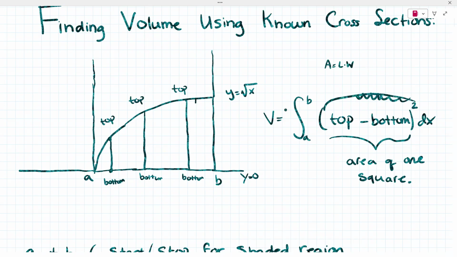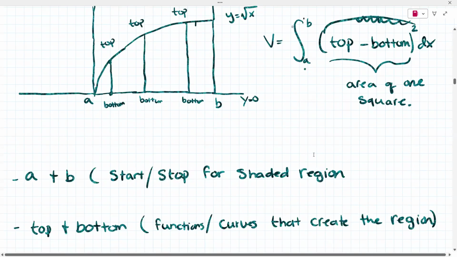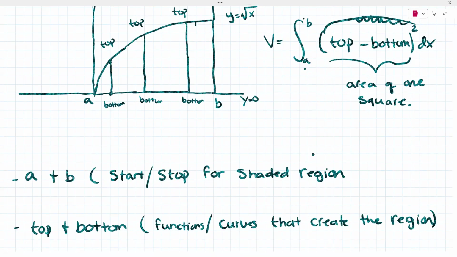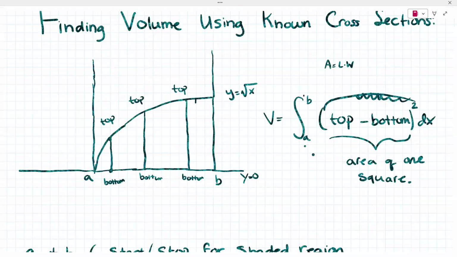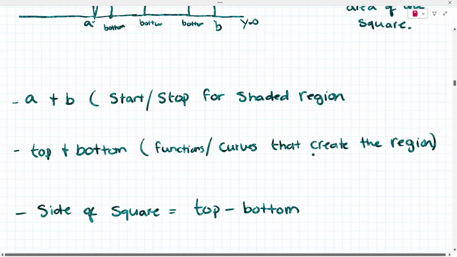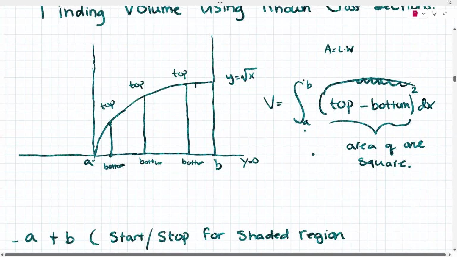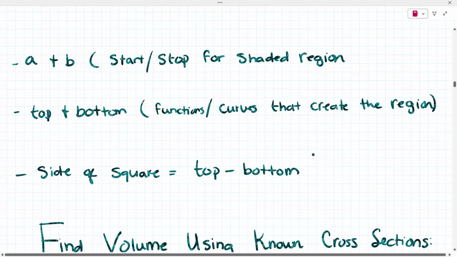But we have to find it from here to here. So A and B start with the start and stop of the shaded region. A is the starting point and B is the ending point. And then the top and bottom function curves create a region, right? Here's your top. The top is obviously going to be different. And the side of a square is top minus bottom.